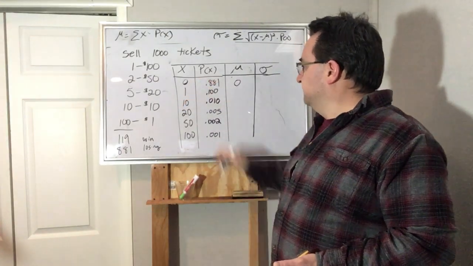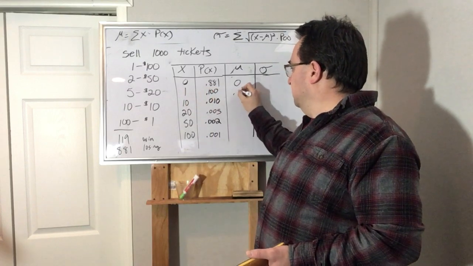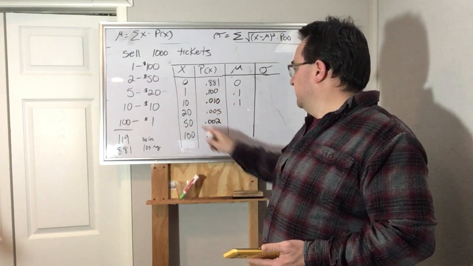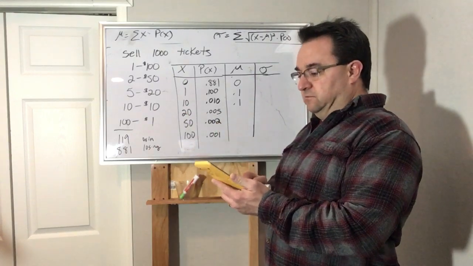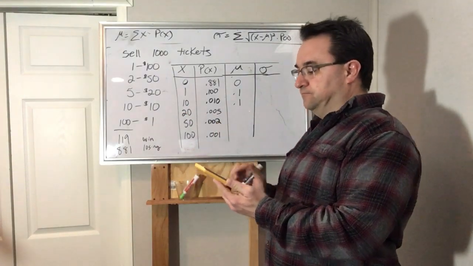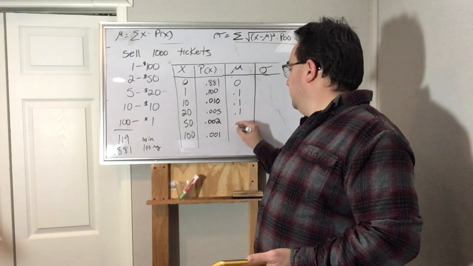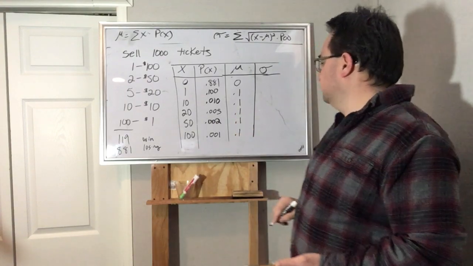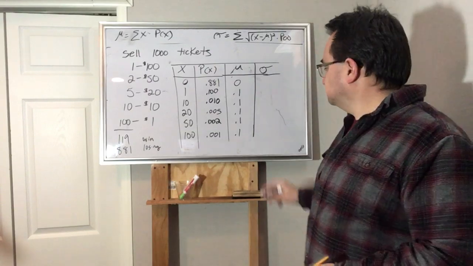That would be 0. This would be 0.1. I believe this is 0.1. We'll just make sure. And this is 0.1. And this is 0.1. Well, that's convenient. They're all 0.1.